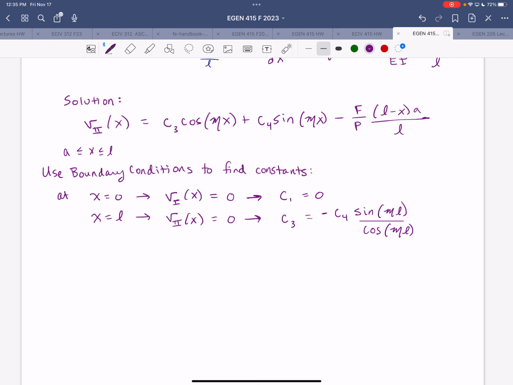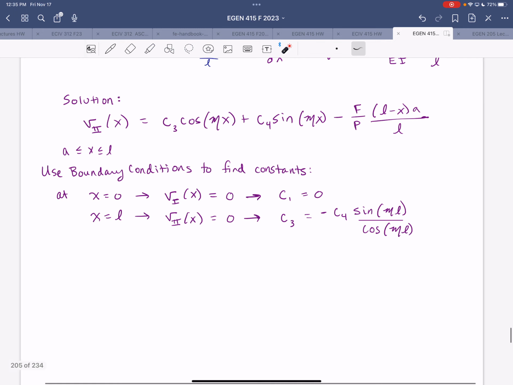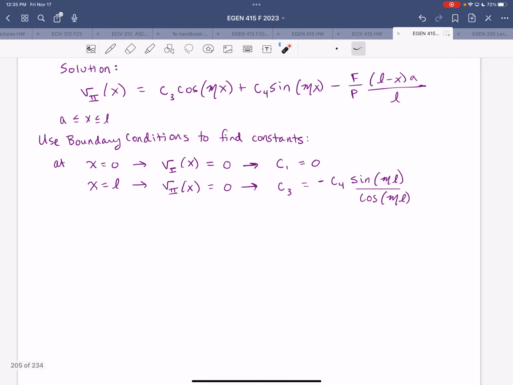We can use continuity at that location, right? So we have two equations, one for region 1 and one for region 2. We know that if we plug in a to both of those, we should get the same result, right? So we'll do that for both deflection and slope because we're going to have continuity in both of those regards.